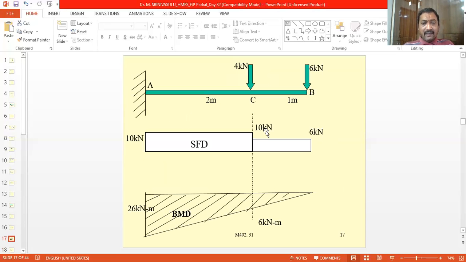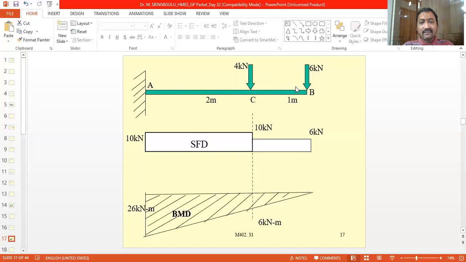Okay. Now here you see, to find out the shear force at point B, I am taking the section exactly at the side of point B. To the right, only the 6 kN is acting. To the left, 4 kN is acting downward, and there is another load that we don't know.